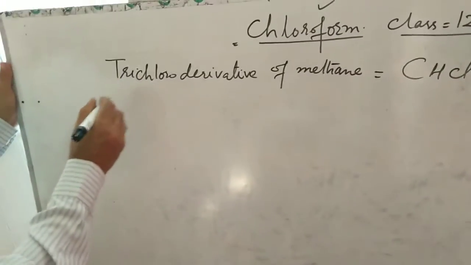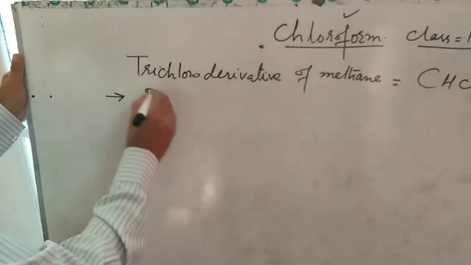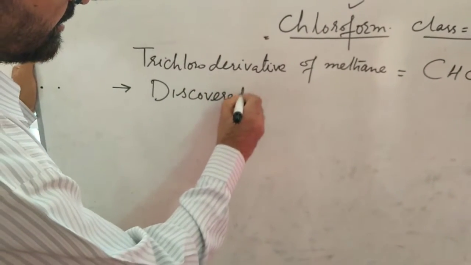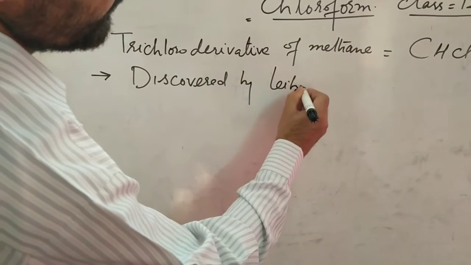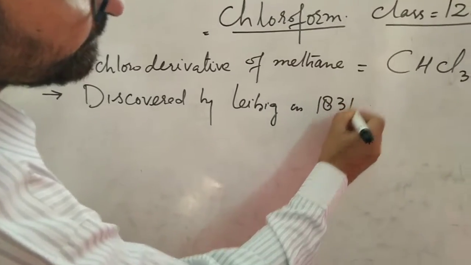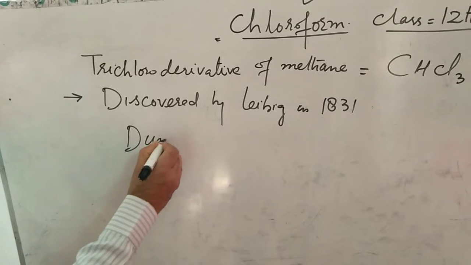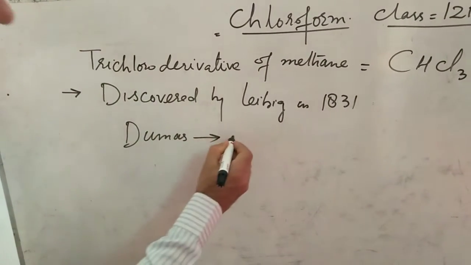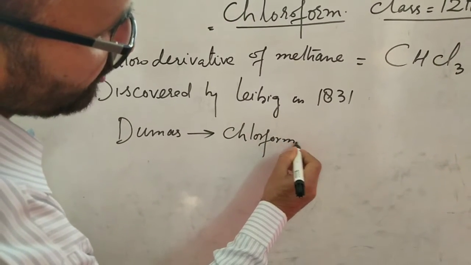First of all, we will get to know this chloroform. It was discovered by Liebig in 1831, and the name was given by the scientist Dumas, because on hydrolysis it gave formic acid.